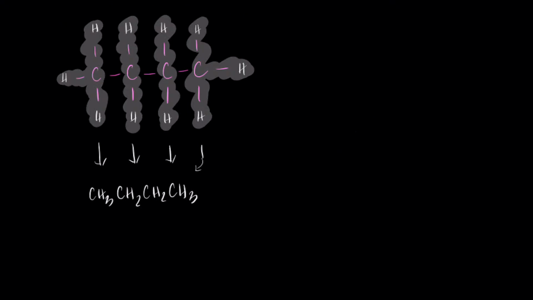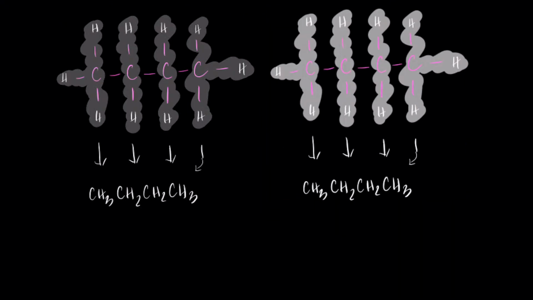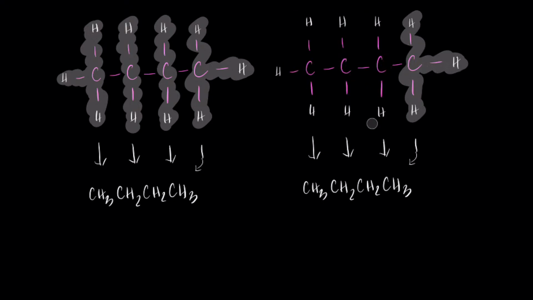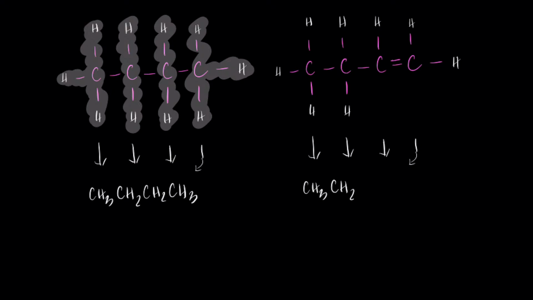Now it gets a little confusing if you have an alkene. Here's an alkene. It's too long. And what would happen is the first part is still the same, right? What you do over here is look what you're doing. Either you can do this.